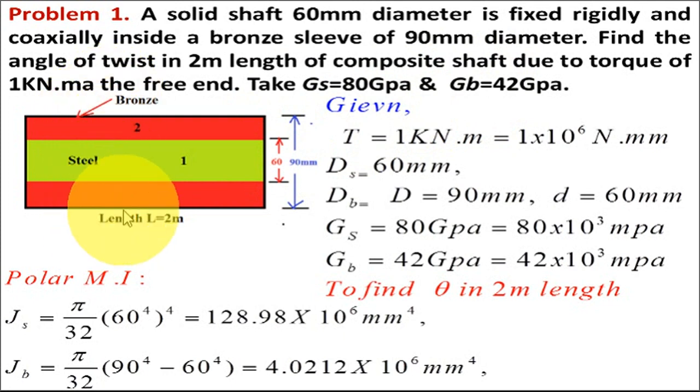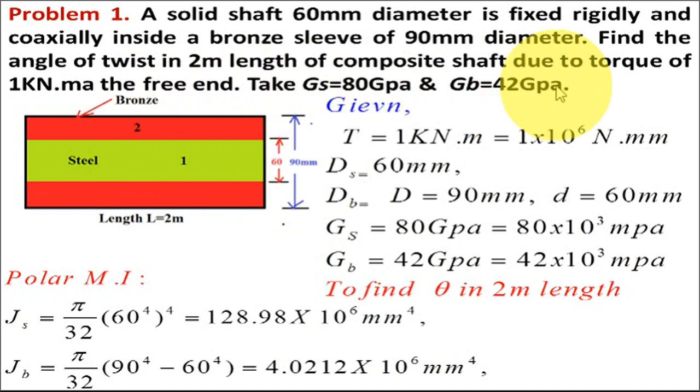The external red color is the bronze and the middle part is steel. Here you can see 60 mm is the diameter of the solid middle shaft and the bronze shaft has 90 mm diameter, which is the outer diameter I have shown here.